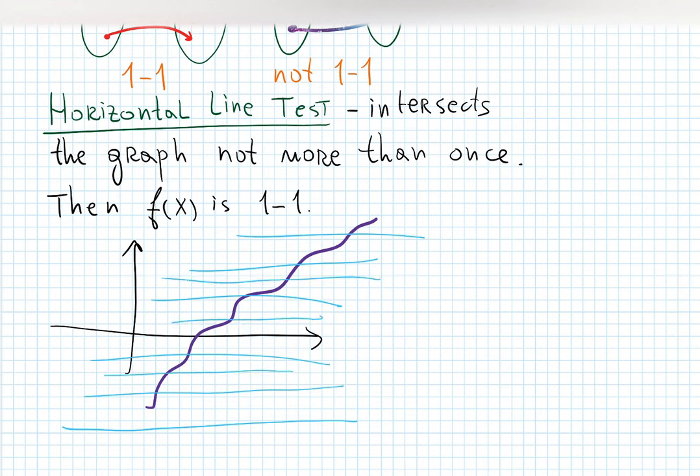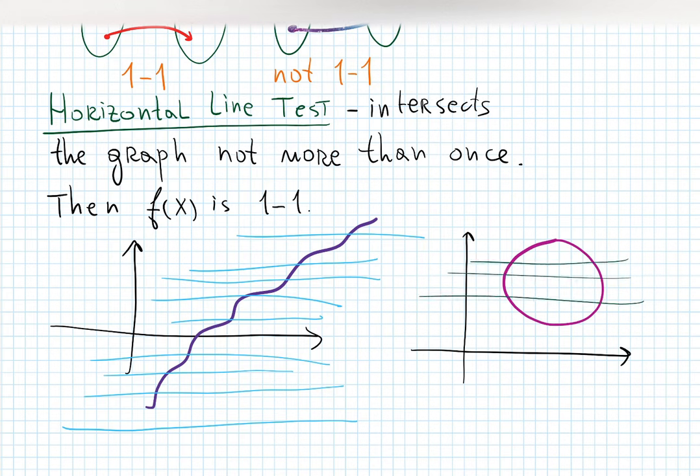So if the horizontal line test tells me that all horizontal lines intersect the graph of the function not more than once, then we can build an inverse function, and that's a big deal. Versus, I don't know, even a circle. We work with circles so often, but actually it's not convenient because it doesn't pass the horizontal line test. Either we intersect the circle twice or once or less than that.